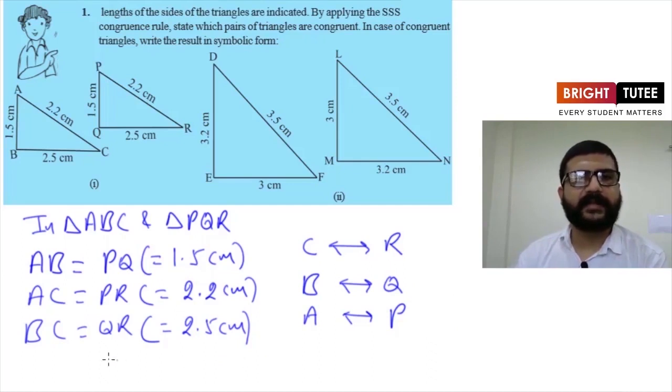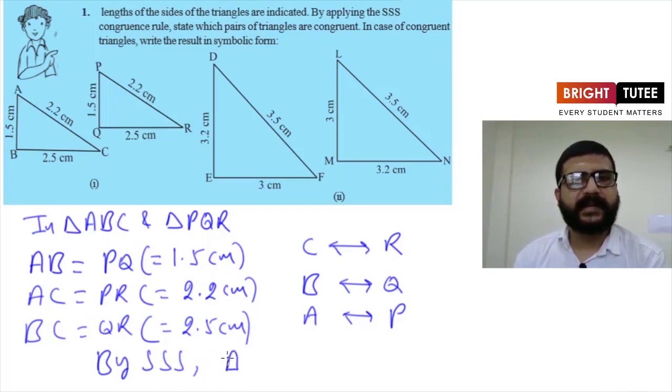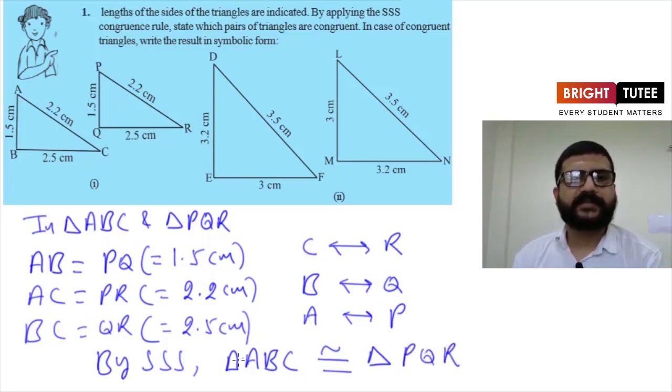So therefore now we can write by SSS criteria, we can say triangle ABC is congruent to triangle PQR because vertex A corresponds to P, B corresponds to Q and C corresponds to R. So it will be triangle PQR. So this will be the congruency relation in symbolic form. So here we got both the triangles are congruent.